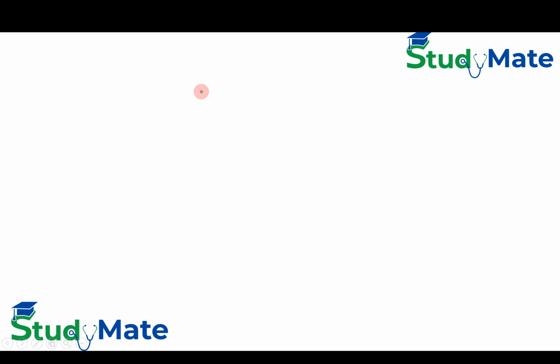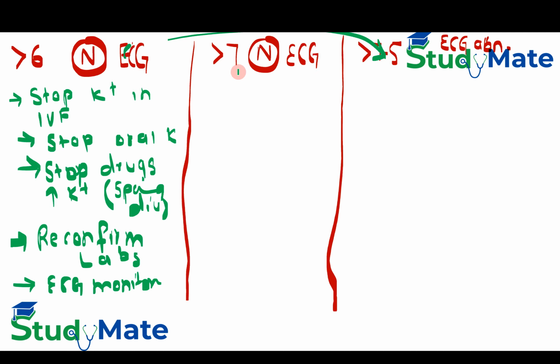Now, if a patient has hyperkalemia of more than 7 and a normal ECG, what you should do? You will give 3 things. What are these 3 things?